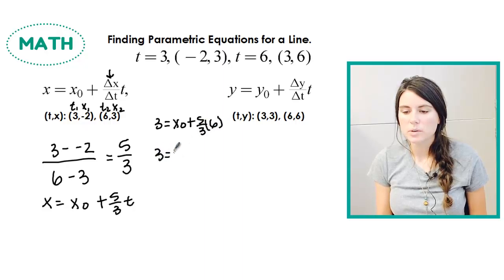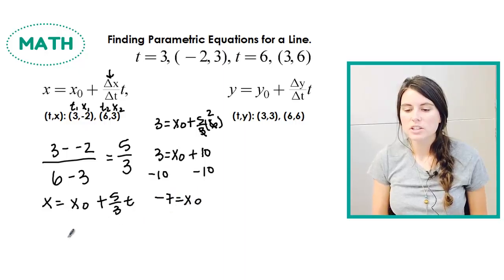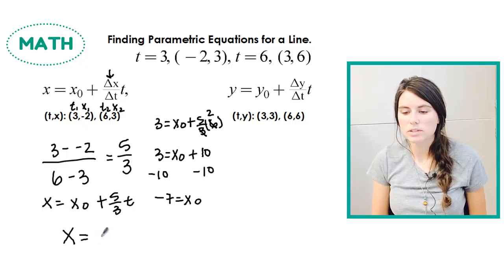So 3 equals our initial x plus, and then this 3 is going to cancel with this 6 and make it a 2, so that's going to become 10. Then I subtract 10 on both sides. So negative 7 is our initial x. So our parametric equation for our x is going to be x equals negative 7 plus 5/3 t.